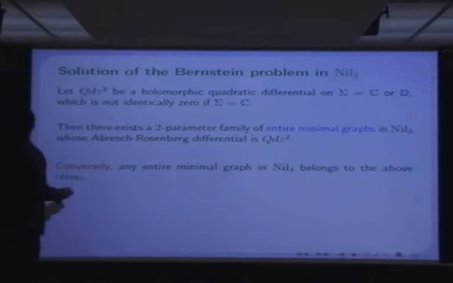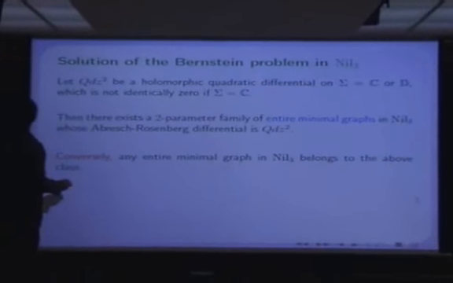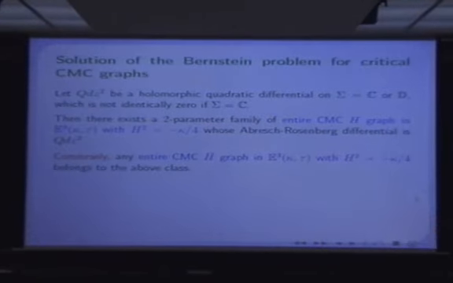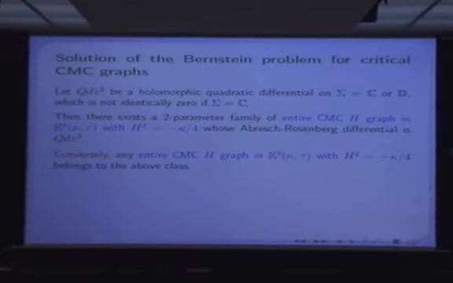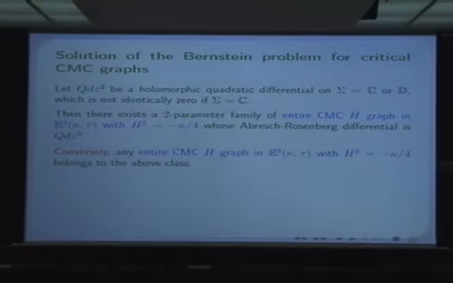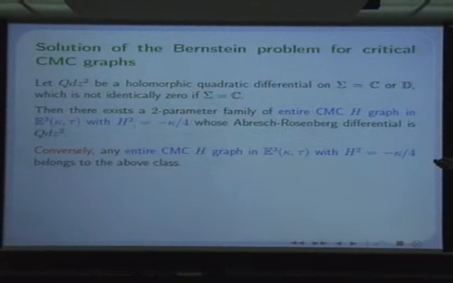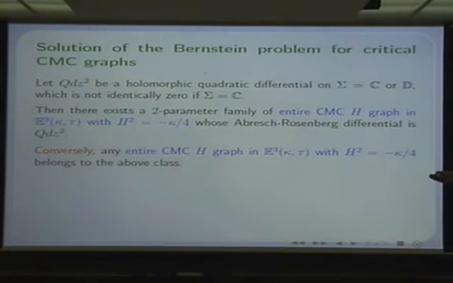Once we do this, it turns out that the same theorem is true for every value of the critical constant mean curvature. So for any holomorphic quadratic differential as before, you have a two-parameter family of entire CMC-H graphs with critical constant mean curvature, whose average Rosenberg differential agrees with the holomorphic quadratic differential we started with, and the converse also holds.